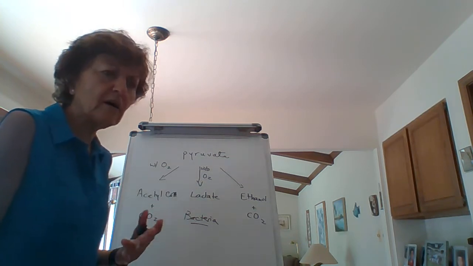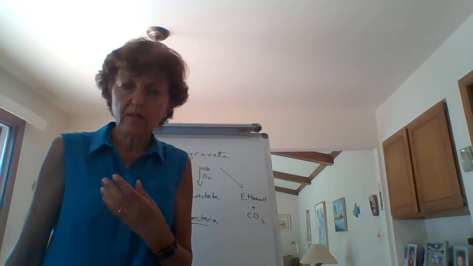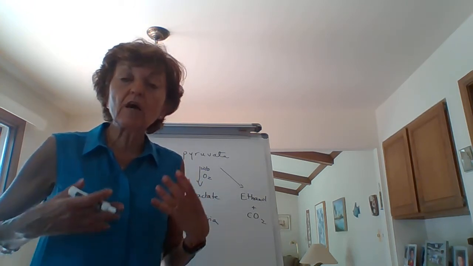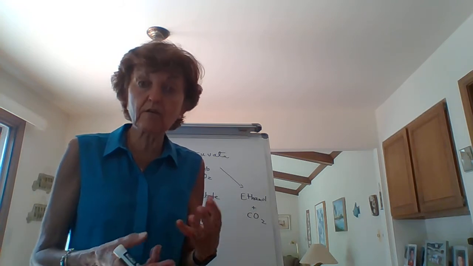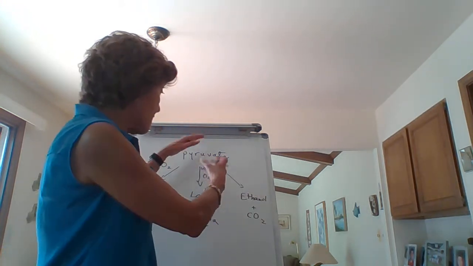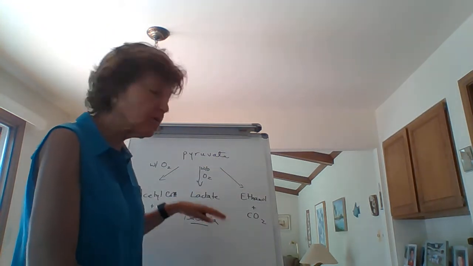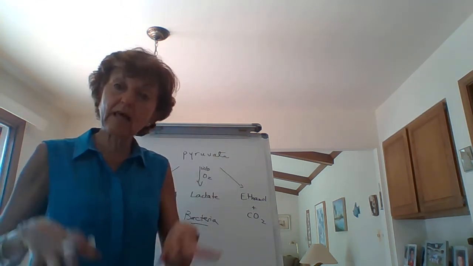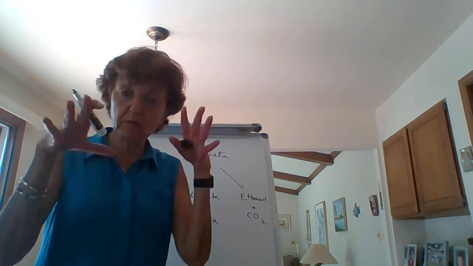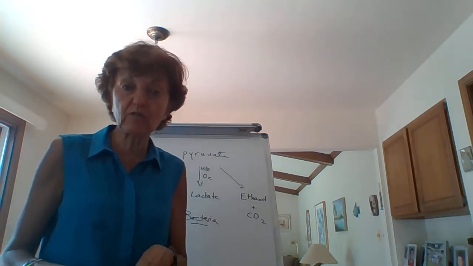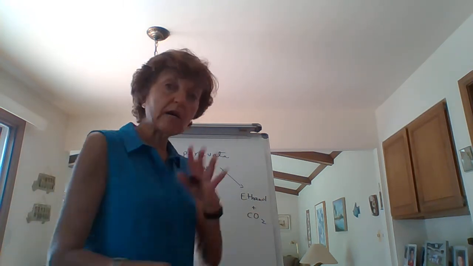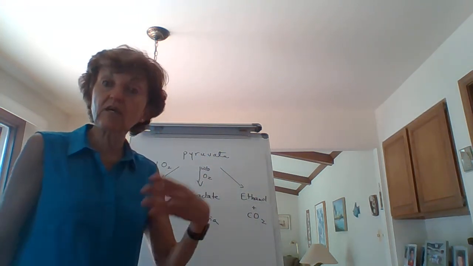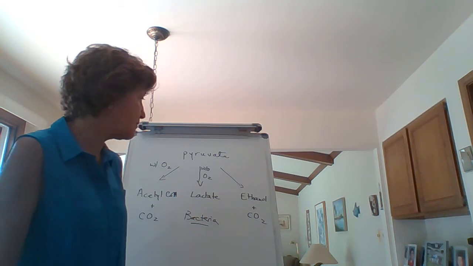I don't know if you guys know how they make yogurt or how they make cheese, but usually non-pathogenic bacteria are involved, and they go through glycolysis and then turn the pyruvate into lactate, and then the lactate brings down the pH of the milk, and you get precipitation of the milk proteins. So this is how the food industry uses glycolysis to make things like yogurt and cheese.